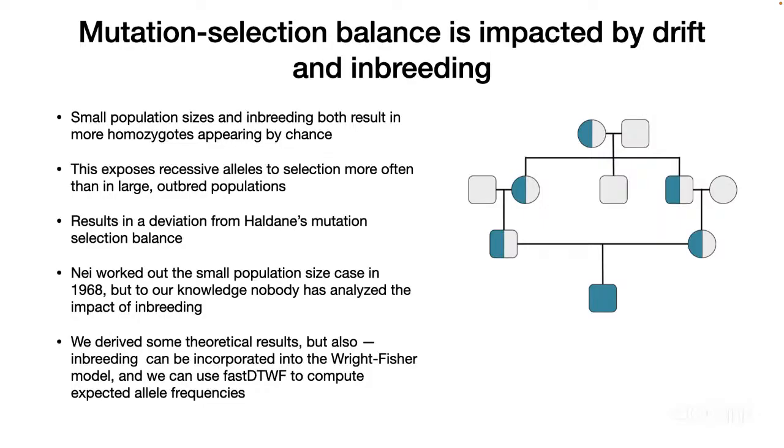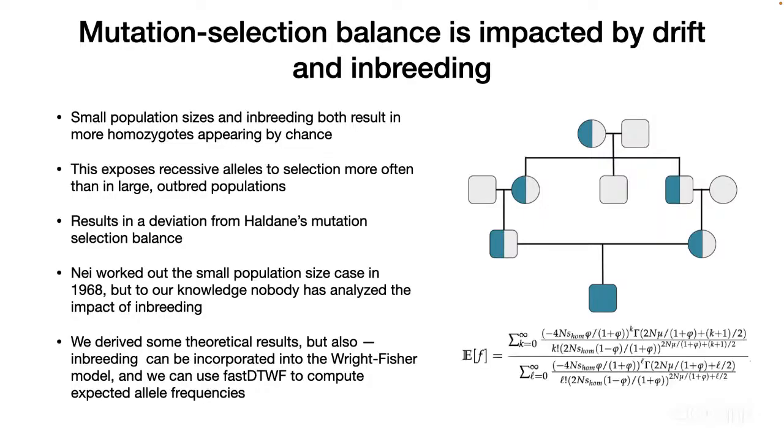We can also use our fast CTWF machinery to compute things, but we also have some pen and paper results. The disclaimer here is that our pen and paper results look like this, which is not very great. It's a bad formula when you have a typo in your appendix, but you don't notice it through multiple lines of proofreading. And then I eventually caught that there was a missing parenthesis somewhere.